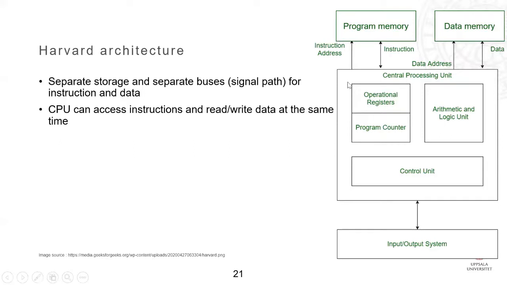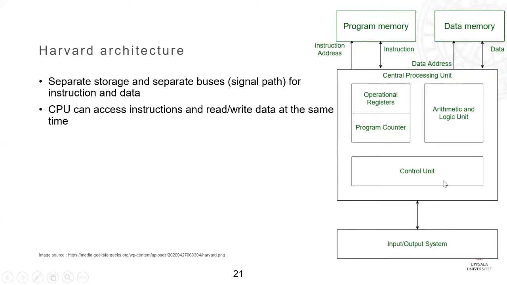Here in the middle, we have the part called the Central Processing Unit. It is the CPU that we have in our computers as well. In the CPU, there is an arithmetic and logic unit that does all the arithmetical and logical operations.